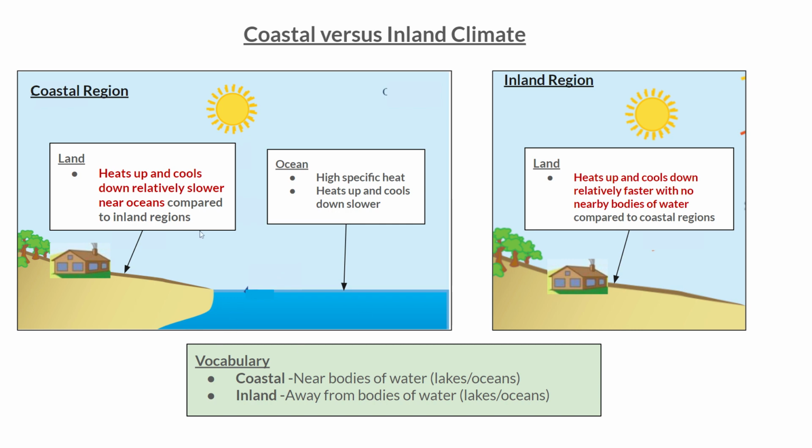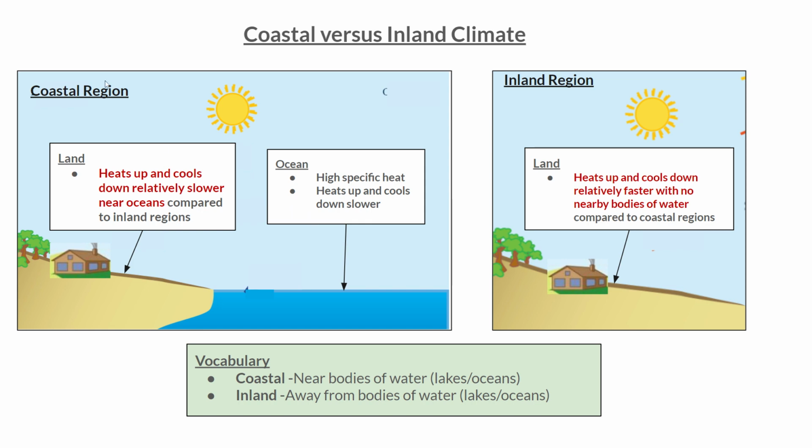Okay, so let's look at a coastal region, a place near water. What would the climate be like here? Remember, when it's summertime, the sun is out and the ocean has a high specific heat, right? So the ocean heats up and cools down very slowly, and the land next to the ocean will heat up and cool down way faster than the ocean.